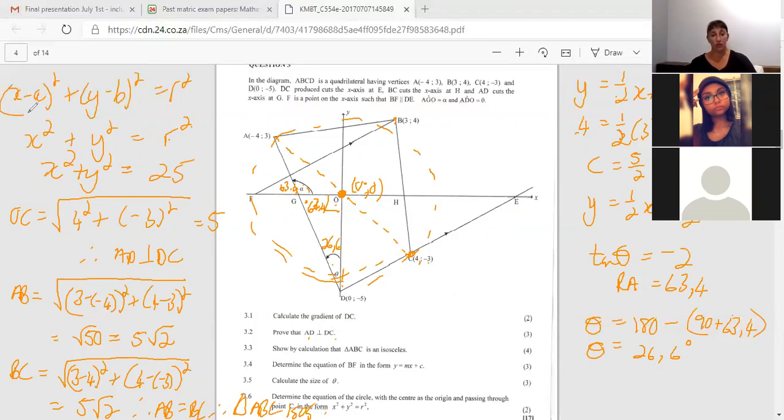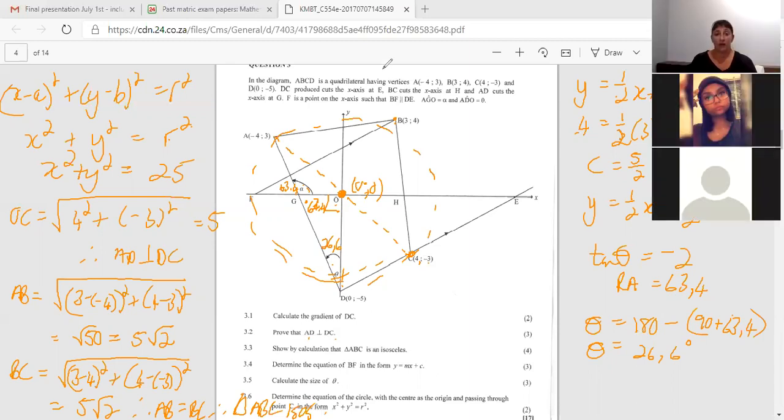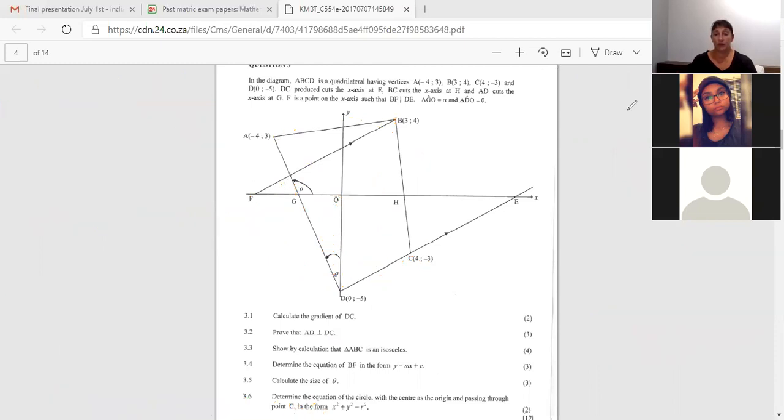And then the equation of a circle. Right, any questions? Nothing, guys. Do I assume that you know how to do this? Okay. All right.